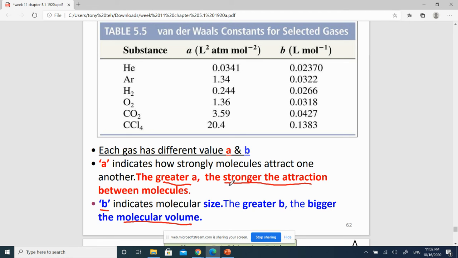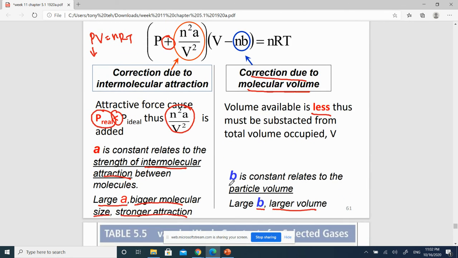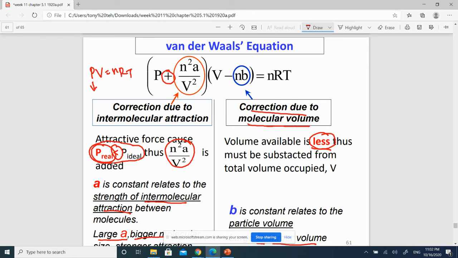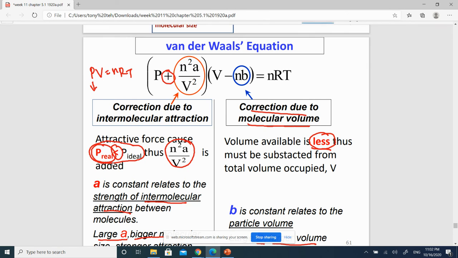As a conclusion, going back to the van der Waals equation, the pressure of a real gas is less than that of an ideal gas. Then the volume is also less. That's all for van der Waals equation, ideal gas versus real gas.